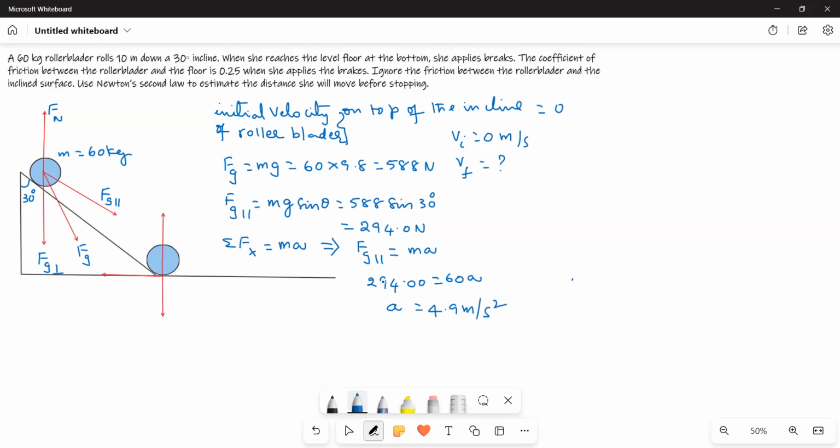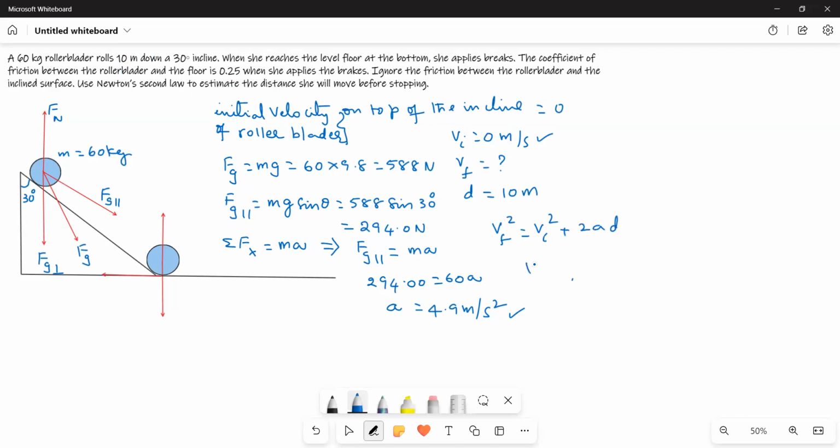Now we know the initial velocity and the acceleration, so we can find out Vf. Moreover, the distance d is equal to 10 meters, the inclined distance given in the question. We use the formula Vf square is equal to Vi square plus 2AD.